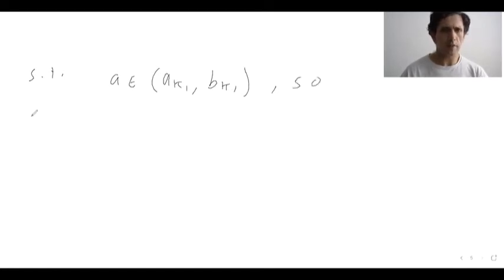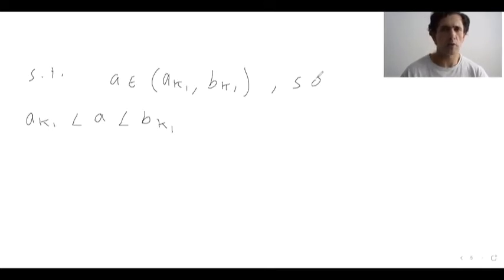Obviously, this just means a_k1 is less than a is less than b_k1. Now, if you want to draw a picture, that's okay. I'm not really sure it is too helpful to draw pictures, because the picture gets so complicated that it's of no use.